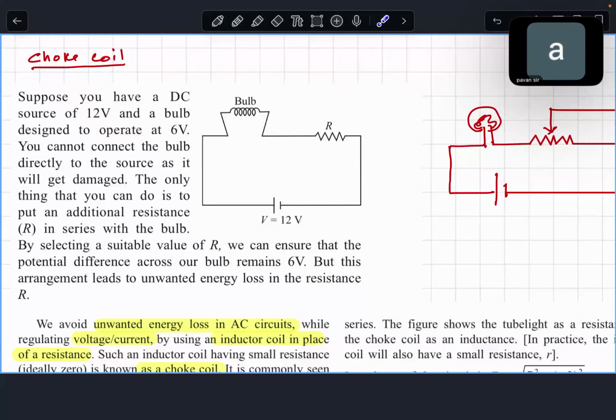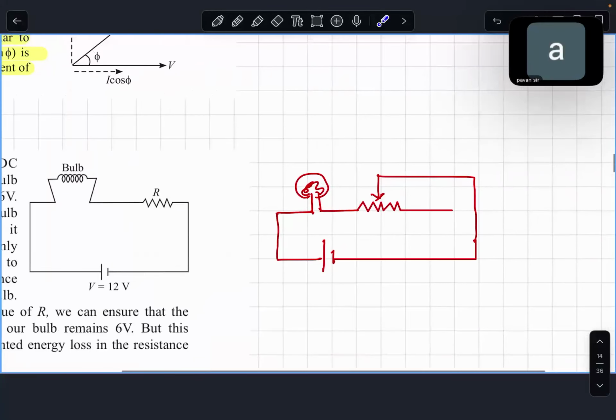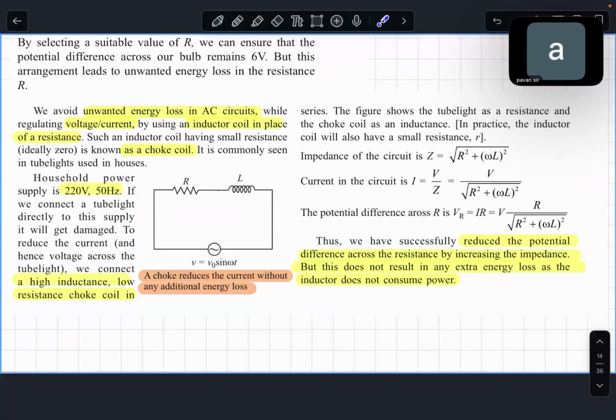Whereas in AC, there is a provision. For example, this is the bulb. You want to increase or decrease the brightness. L is in your hands. Suppose your source is fixed, you don't want to change omega.